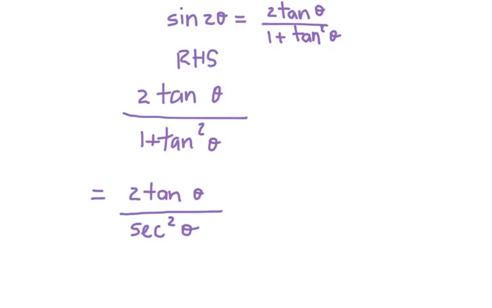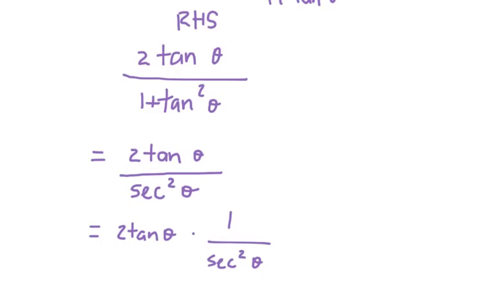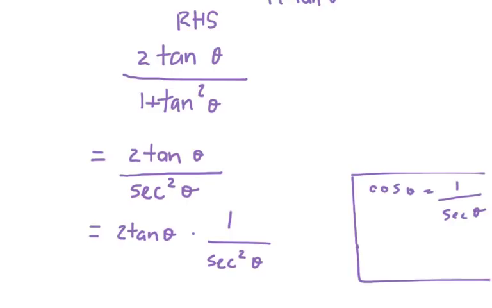This is the same thing as 2 tan theta multiplied by 1 over sec squared theta. And we remember that cos theta is equal to 1 over sec theta. So therefore, cos squared theta is the same thing as 1 over sec squared theta. So now I can replace my fraction 1 over sec squared theta with cos squared theta.